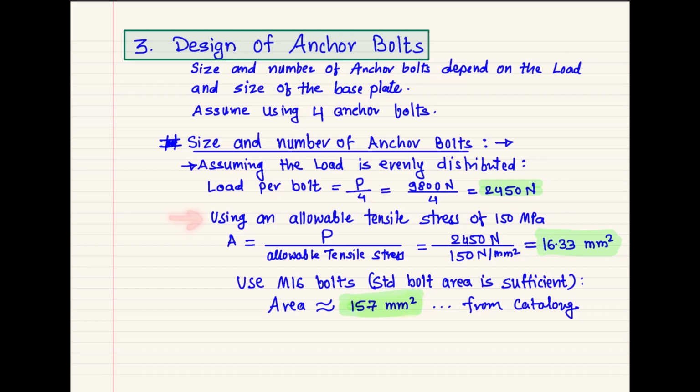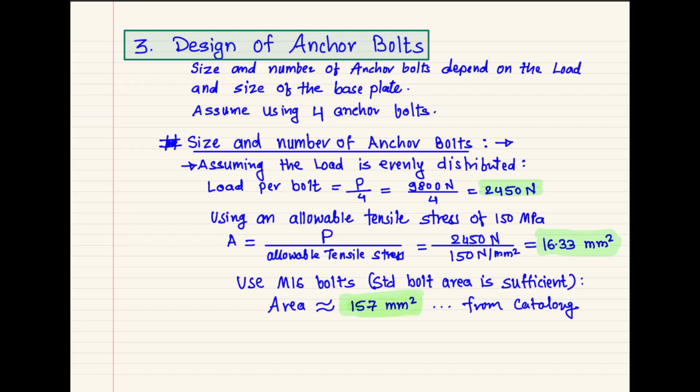Using an allowable tensile stress of 150 megapascal for the bolt, which is again a catalog value, we are going to calculate the area A equals load upon allowable tensile stress. So 2450, this value comes from each bolt's loading, divided by 150 Newton per mm square.